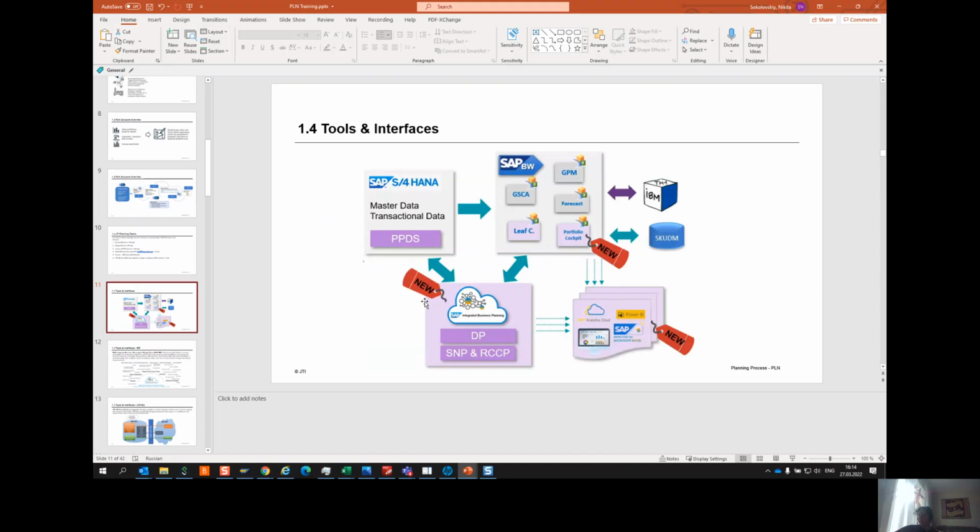Then we have the integrated business planning, or IBP, cloud system. You can see the tag "new" because this diagram was actually prepared by the project team before the go-live. As for now, these systems are not so new anymore. It's almost a year since they were implemented in our company, but still they are relatively new. IBP is also a SAP solution.